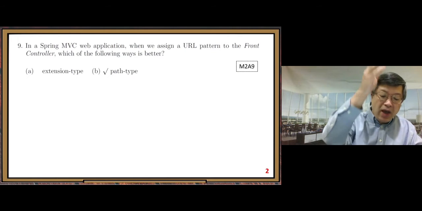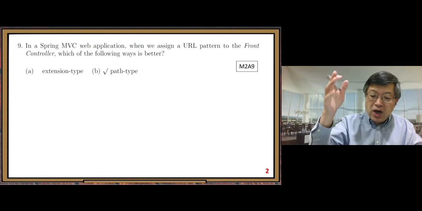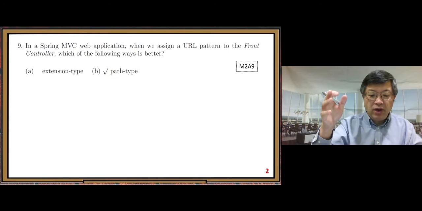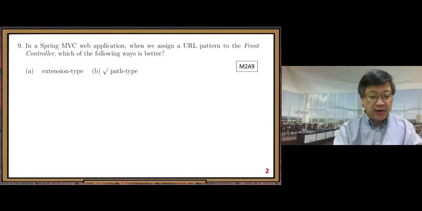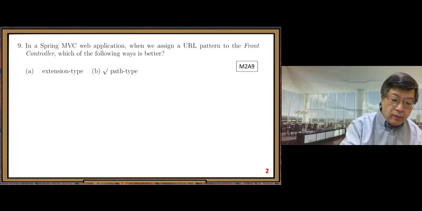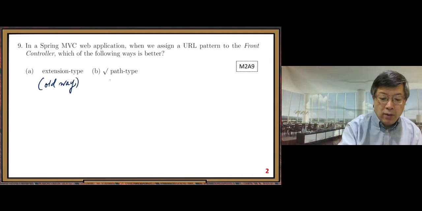All right. So next question, number 9. In a Spring MVC web application, when we assign URL pattern to the front controller, which format is better? B is better. Here, the extension type, that's the old way. Path type, current way.